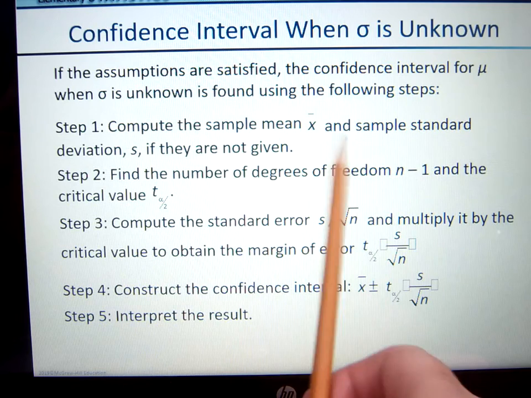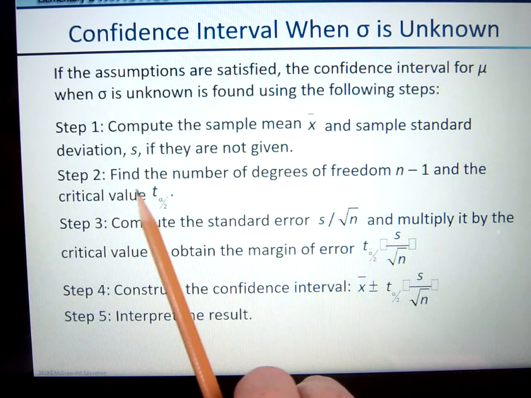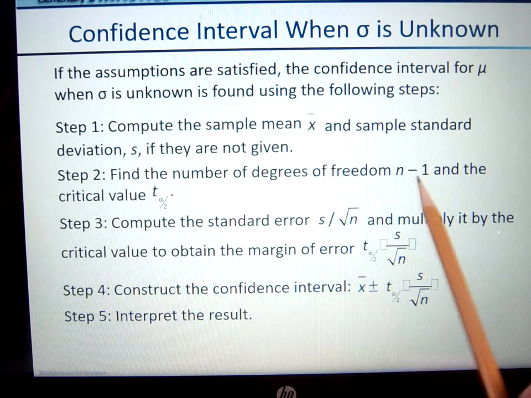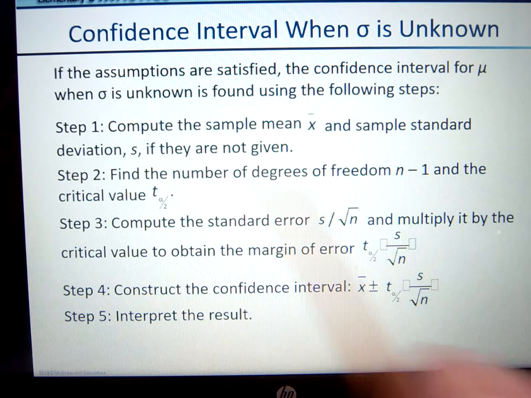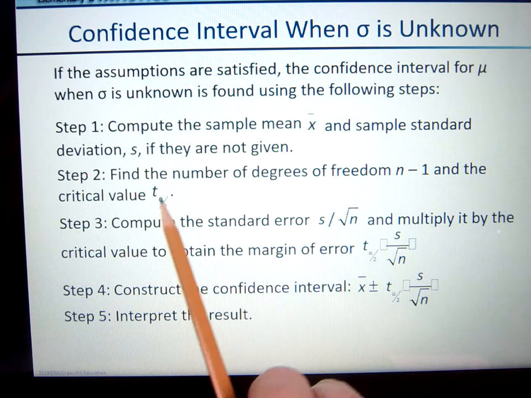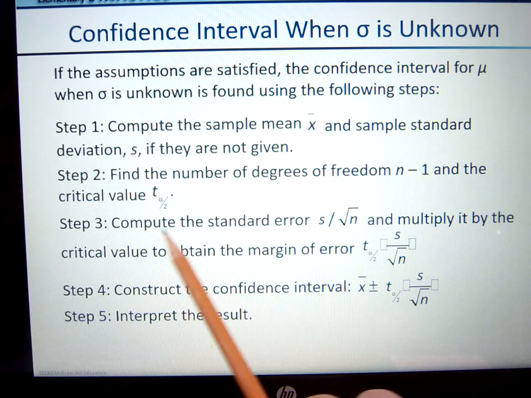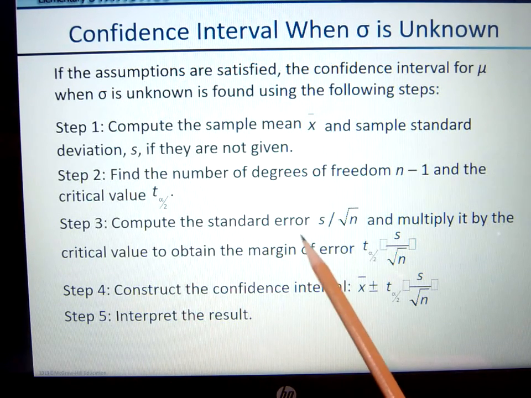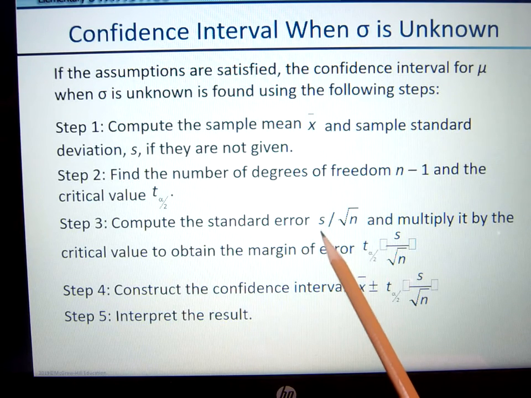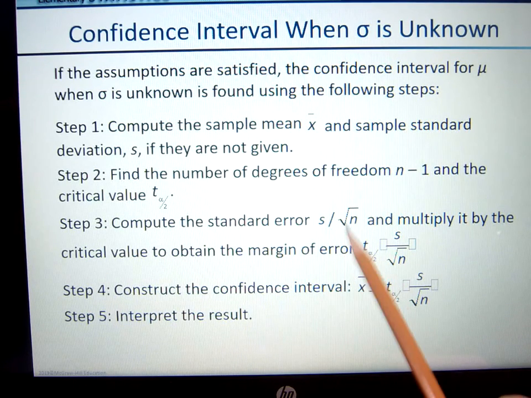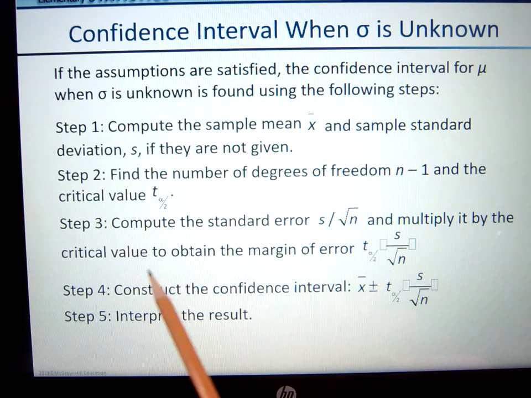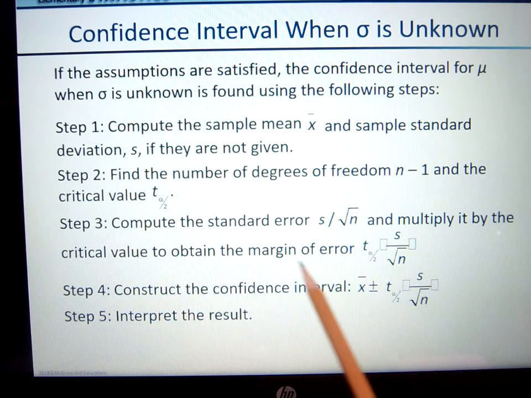You know how to do that. Step 2. Find the degrees of freedom, which is 1 less than the sample size, and the critical value t alpha over 2, which we have from the table. Compute the standard error, which is the sample standard deviation divided by the square root of the sample size. Then you're going to multiply it by the critical value to obtain the margin of error.